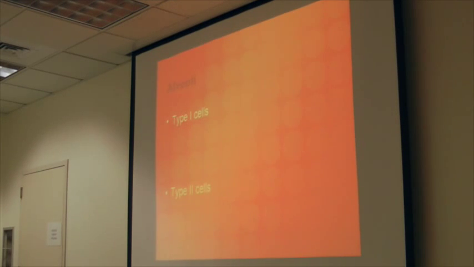And when it's really thin, it helps with oxygen and carbon dioxide diffusion. All right, the type 2 cells produce surfactant. And surfactant is a fluid that lines the alveoli and prevents the alveoli from collapsing.